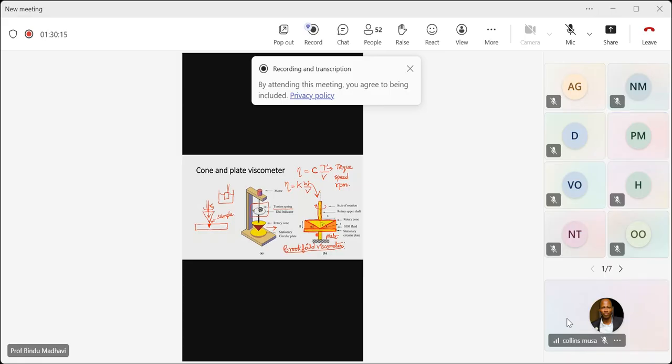Any other questions? You can ask me whether temperature is influencing the measurement here. Is it influencing? It doesn't have any water jacket, and it is not having any control over the surrounding temperature.